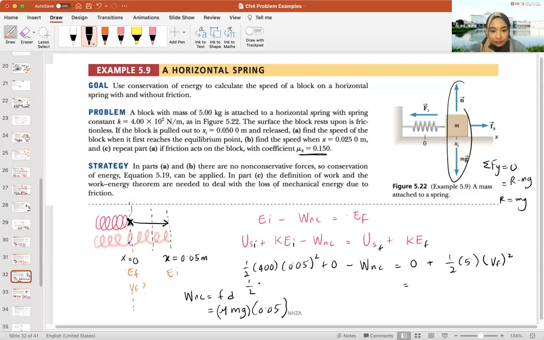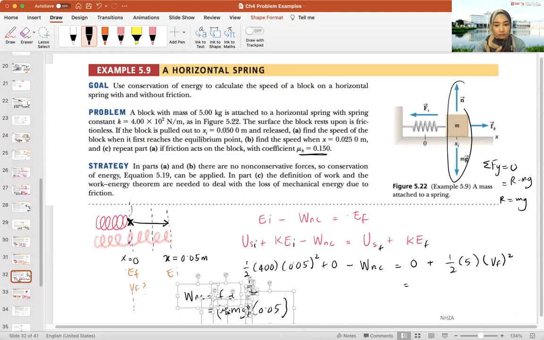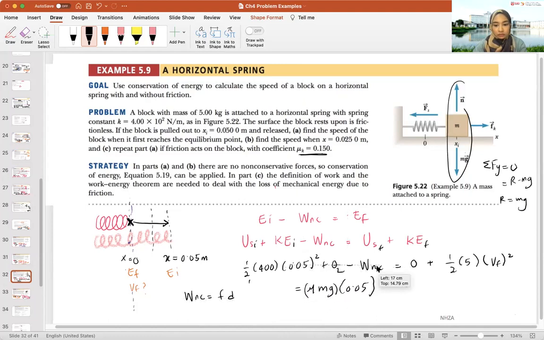Okay, so let me substitute this. Sorry. So I'm going to put this. Apa ni? Oh, this is my name. So this goes here. mg over there. And what is that? 2.